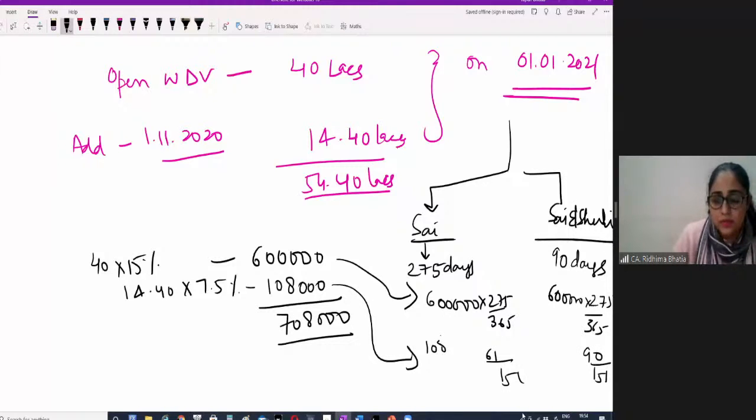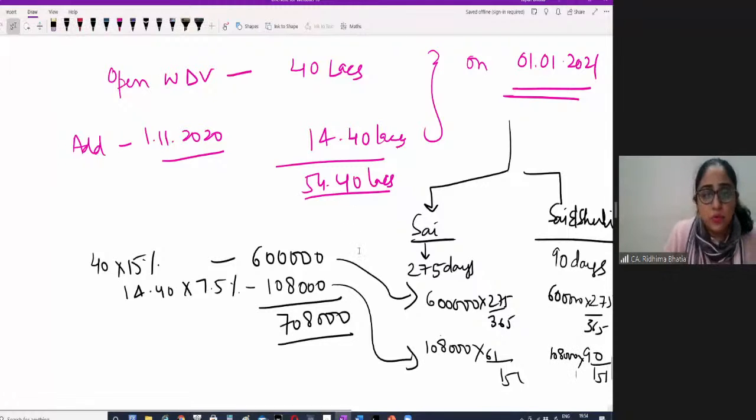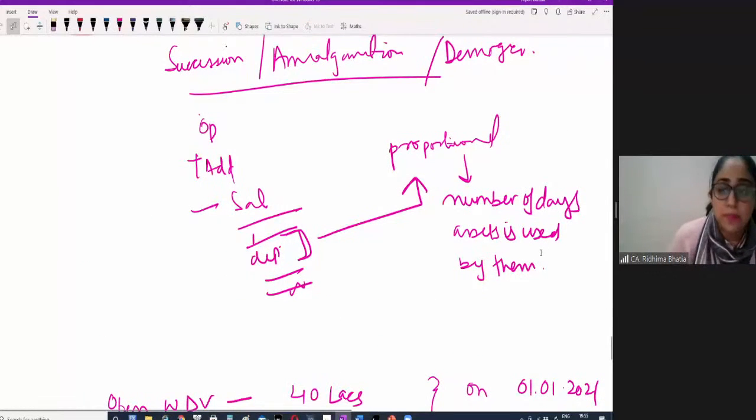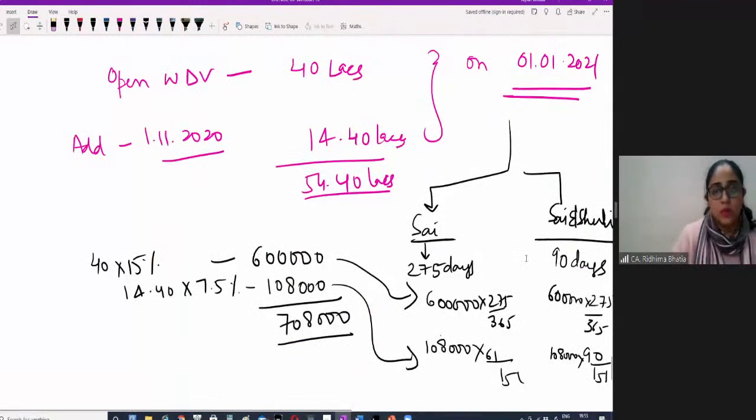So 1,08,000 into 61, and 1,08,000 into 90. Again, please do not make the error of proportionating 7,08,000 in full. You will proportionate the 6 lakhs as per the number of days and the 1,08,000 as per the number of days, because proportionating happens as per the number of days used by each one of them. Any doubts? Yes, no, all okay? Chalo, great.